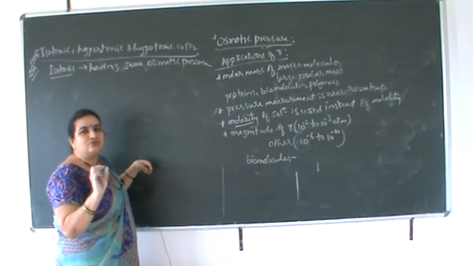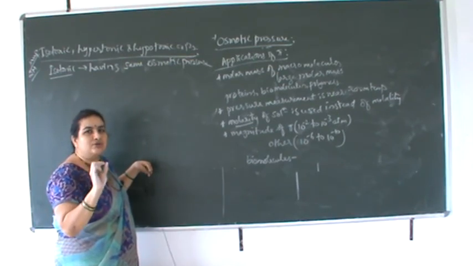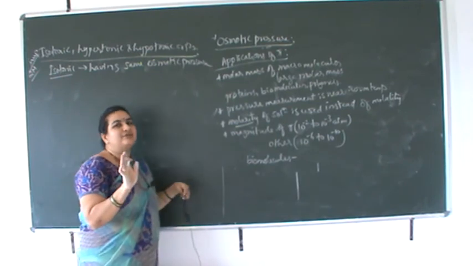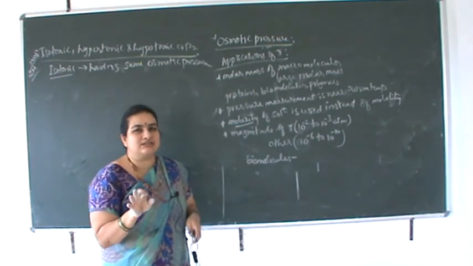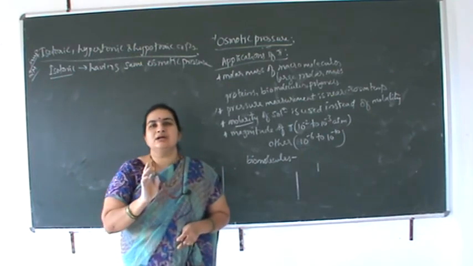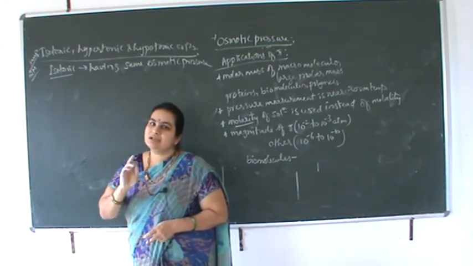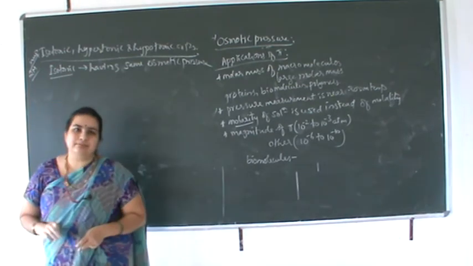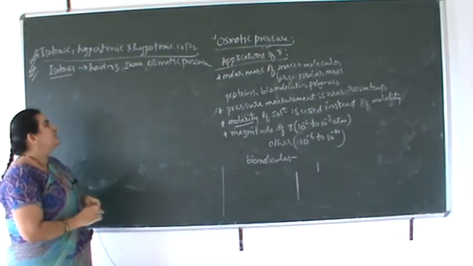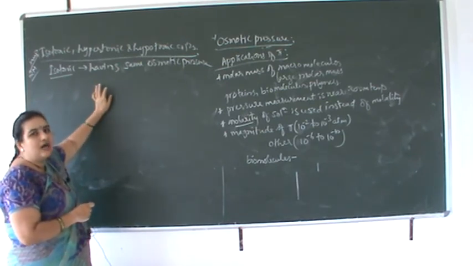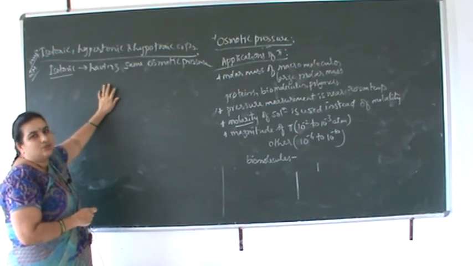You have to use the word osmotic pressure, not concentration. Remember, in the definition, if you write the word concentration, then it will be completely wrong. So you have to compulsorily use the word osmotic pressure. Iso means same, tone means pressure. So solutions having the same osmotic pressure are called isotonic solutions.